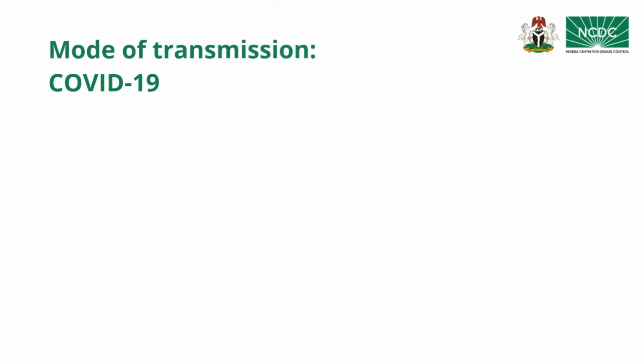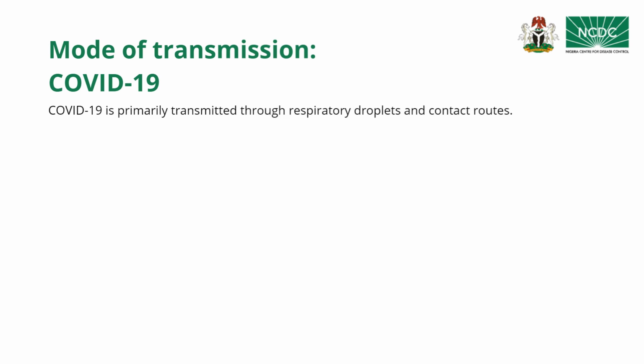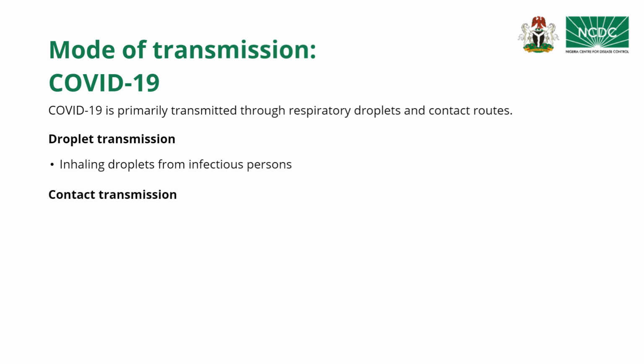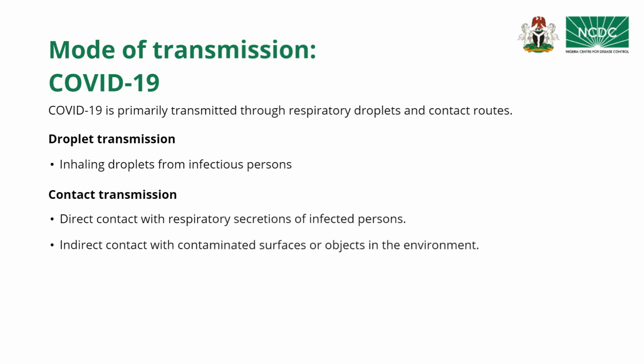Now that we understand the contact, droplet, and airborne modes of transmission, how is COVID-19 transmitted? COVID-19 is primarily transmitted through respiratory droplets and contact routes. Droplet transmission occurs by inhaling droplets from infectious persons, while contact transmission can occur by direct contact with contaminated respiratory secretions of infected people or by indirect contact with contaminated surfaces or objects in the environment.